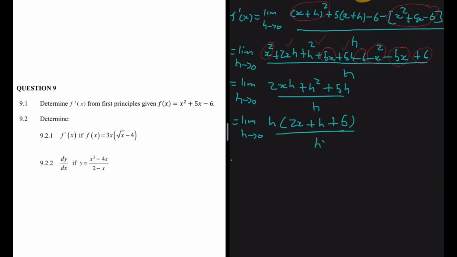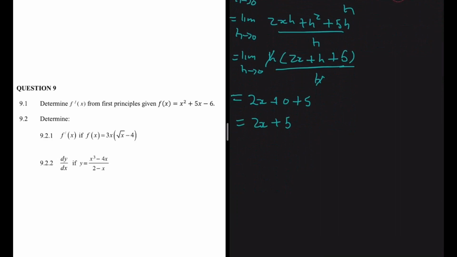So now h and h is going to cancel out, right? And then let's let h turn into 0. If we let h turn into 0, then f prime x is going to be equal to 2x plus 0 plus 5. This is just equal to 2x plus 5, right?